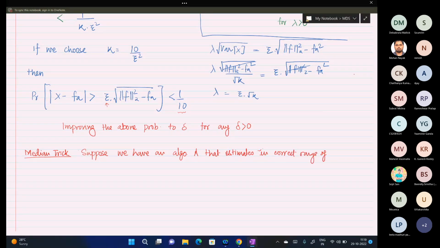So basically, the error between the estimated value and the ground truth result is not more than epsilon, with say probability 0.9.